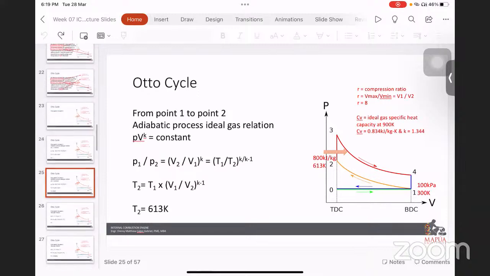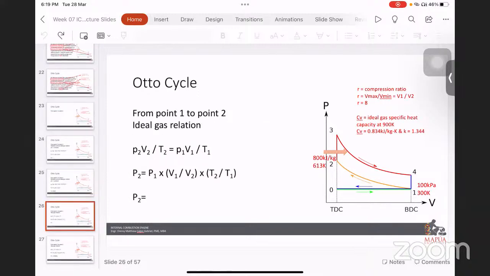Using the same formula, makukuha mo naman, using your ideal gas relation, PV is equal to MRT, where your M and your R are constant because it's the same substance. Constant volume. So yung amount of mass mo is the same. So using PV is equal to MRT, yung P2V2 over T2 is equal to P1V1 over T1.